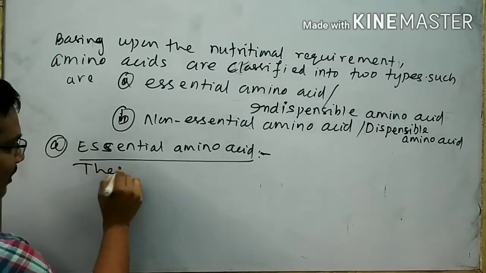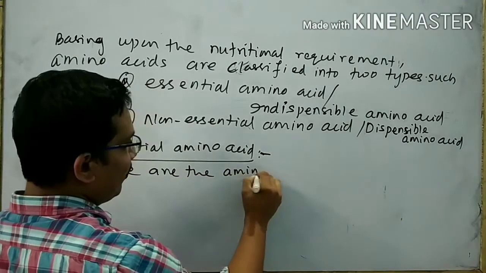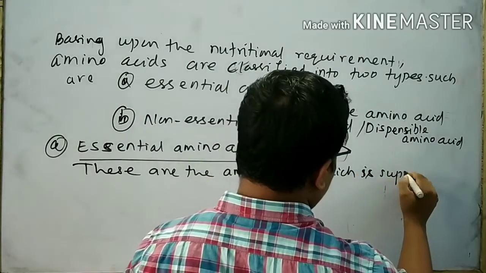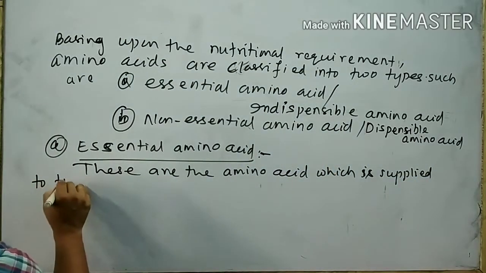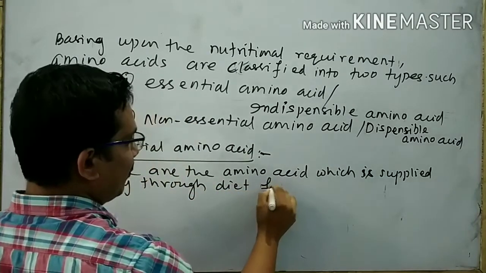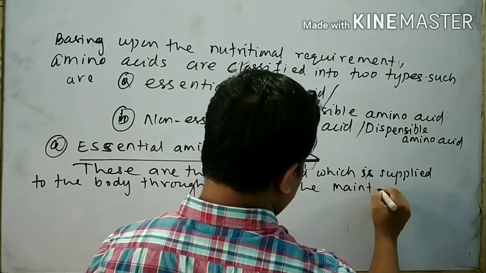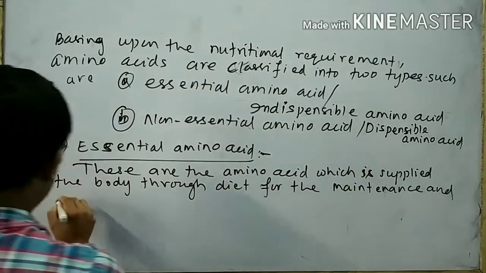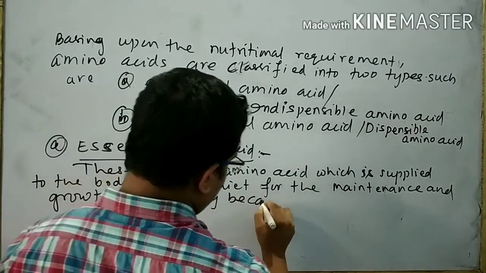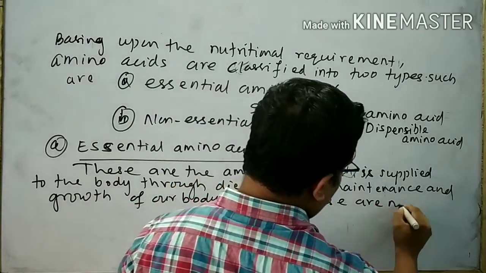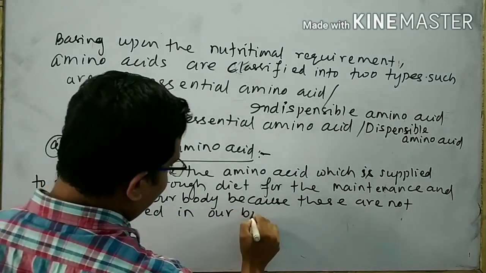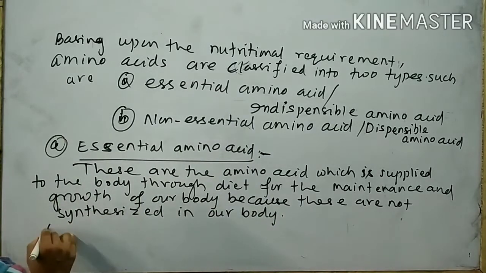So we can write, these are the amino acids which are supplied to the body through diet for the maintenance and growth of our body, because these are not synthesized in our body.